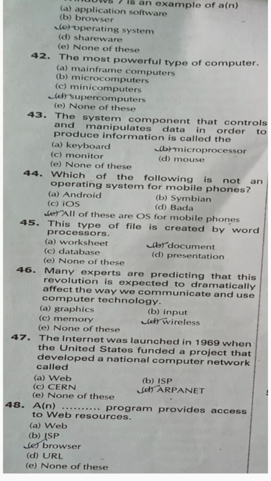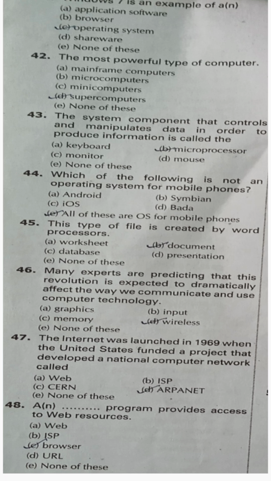42. The most powerful type of computer. D. Supercomputers. 43. The system component that controls and manipulates data in order to produce information is called the microprocessor. 44. Which of the following is not an operating system for mobile phones?